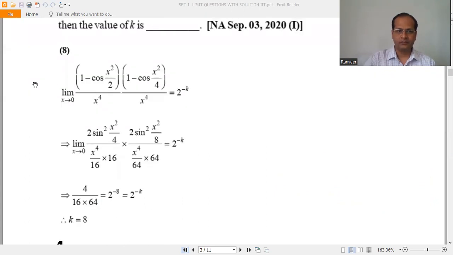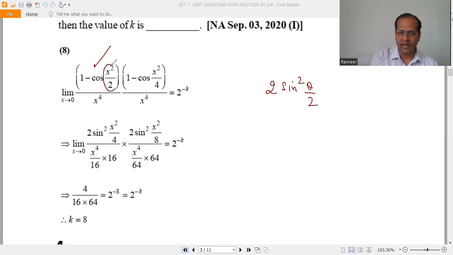Now, when 1 minus cos x square by 2, the formula for this is 1 minus cos theta equals 2 sine square theta by 2. So the angle is x square by 2, that we can write as x square by 4. So this is 2 sine square x square by 4. Similarly 2 sine square x square by 8.